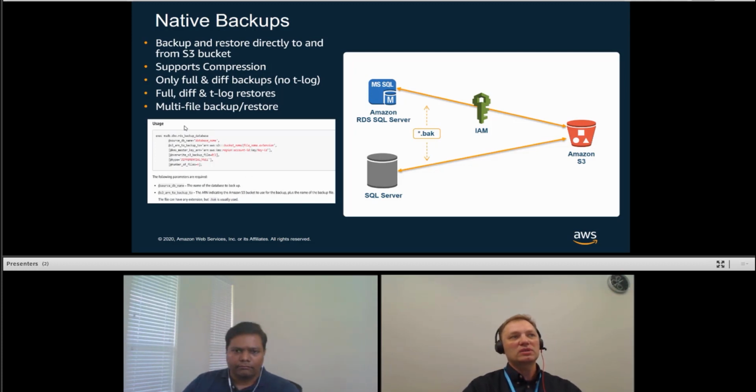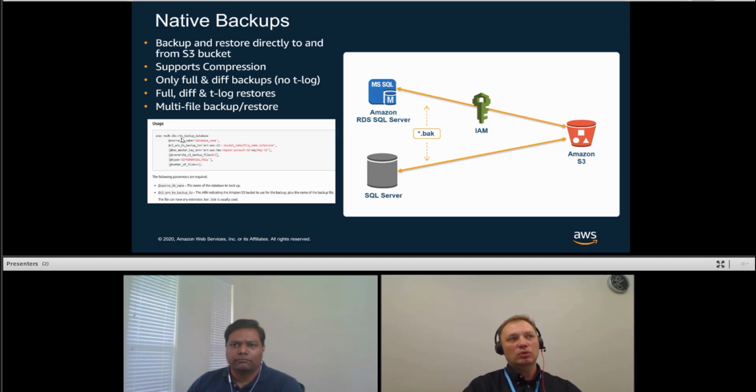Essentially you execute this command on RDS, and we will produce your native backup and place it in your S3 bucket. From that, you can download it, you can bring it on-prem, you can bring it to another cloud provider. It is yours. And it also works the other way around. You can back up your on-prem database, grab that native backup, and put it into an S3 bucket, and then there will be a reciprocal command.